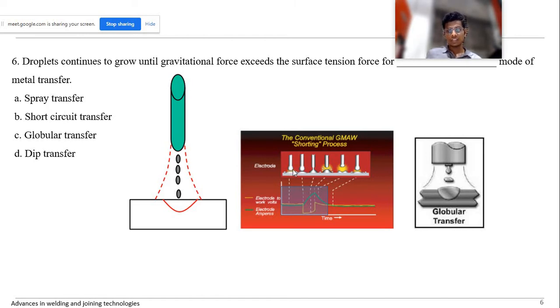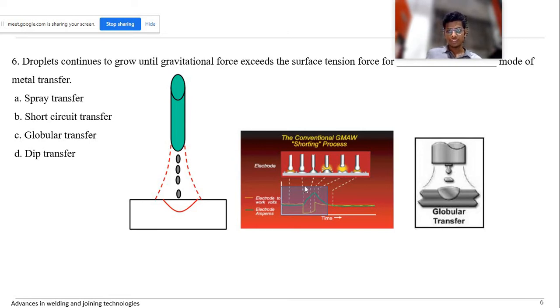But since current is less, the detaching force is less, meaning the electromagnetic force and other forces required to detach the droplet from the electrode and deposit it on the molten pool are less. So the droplet won't detach. Since the gap is less, it will directly touch the base plate. So short circuiting happens.